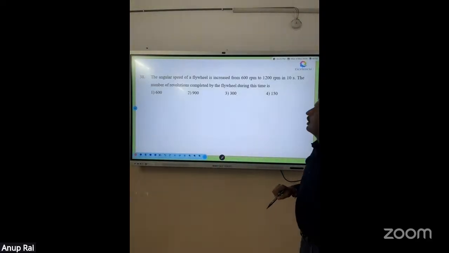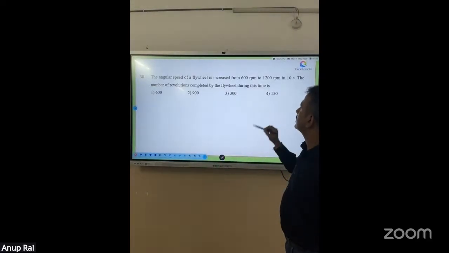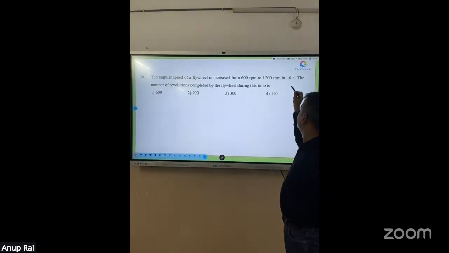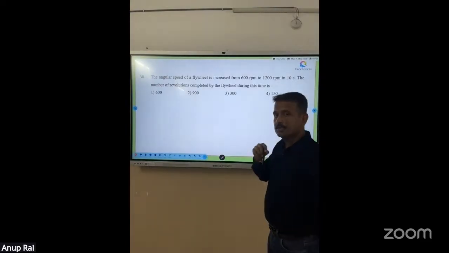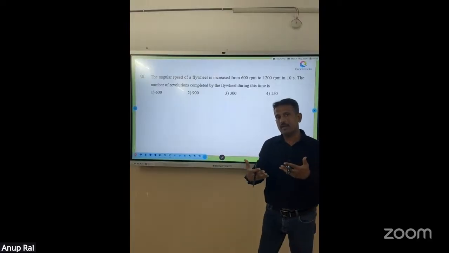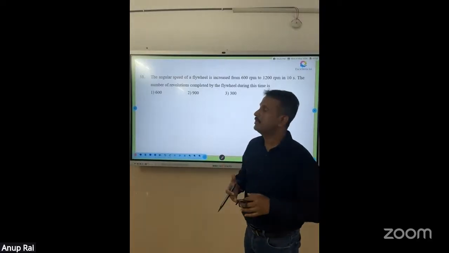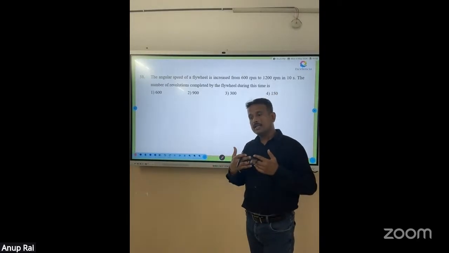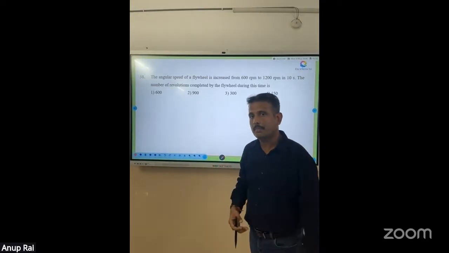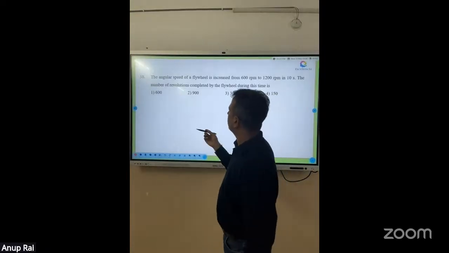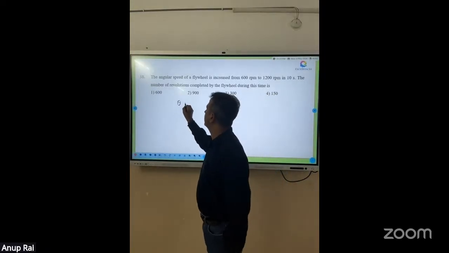The angular speed of a flywheel is increased from 600 rpm to 1200 rpm in 10 seconds. Find the number of revolutions completed by the flywheel during this time. Okay, so you are increasing the speed of the flywheel, and in such cases we consider it is increased at a uniform rate, meaning angular acceleration is uniform. In such a case we can calculate theta in radians.